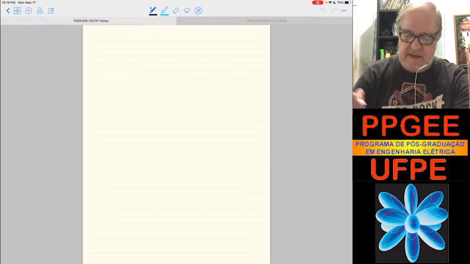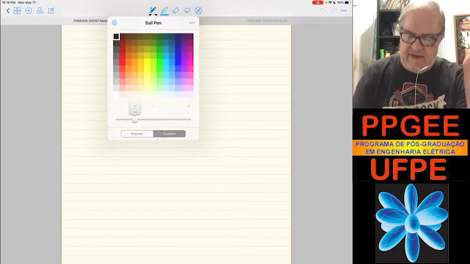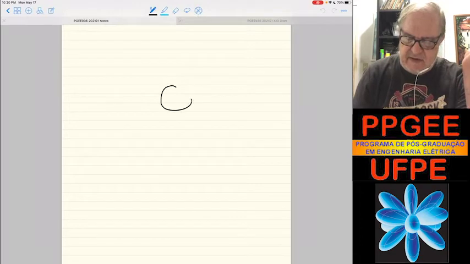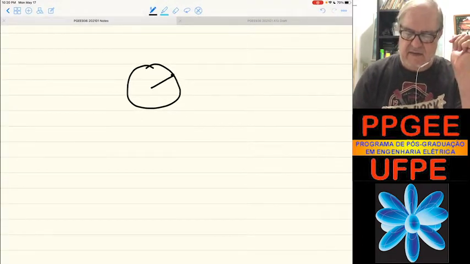For instance, I can have a conducting sphere with a given charge.